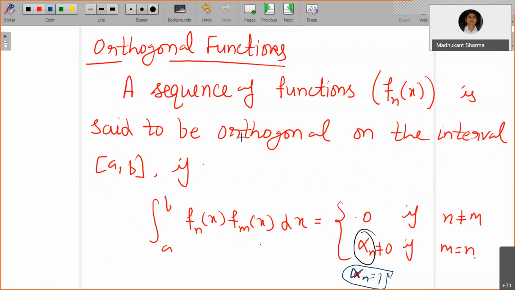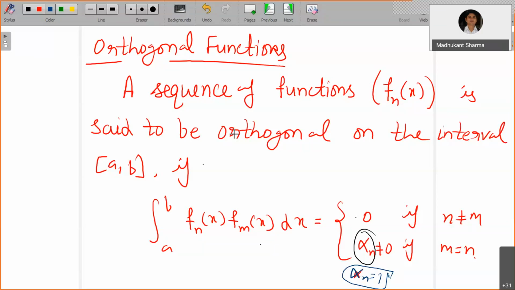We will say it is, instead of orthogonal, orthonormal. That will be more useful in your upcoming classes, in the next semester, when you learn about inner product spaces, orthonormal sequences and all.